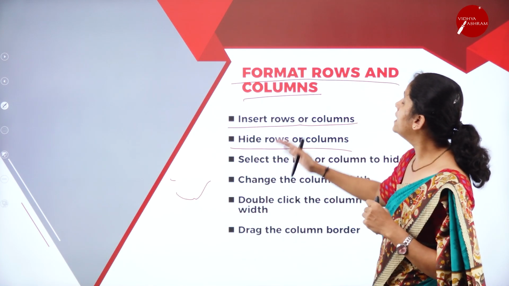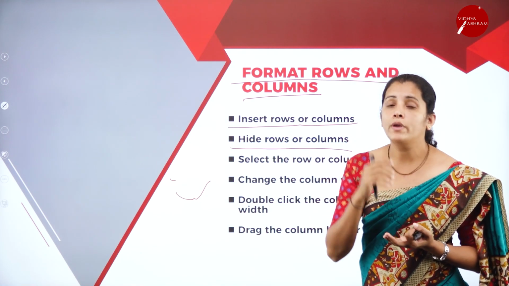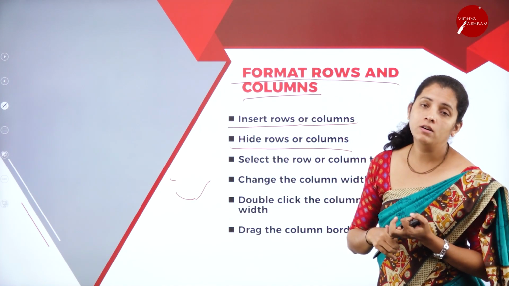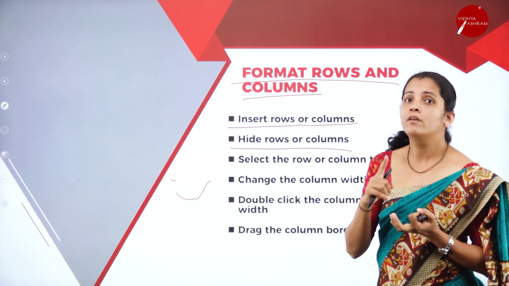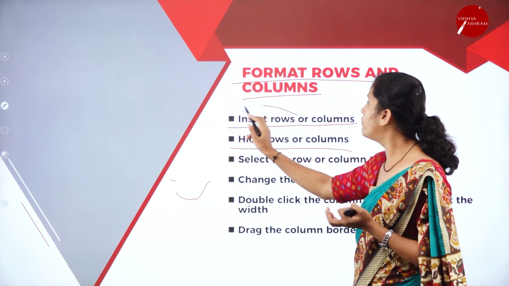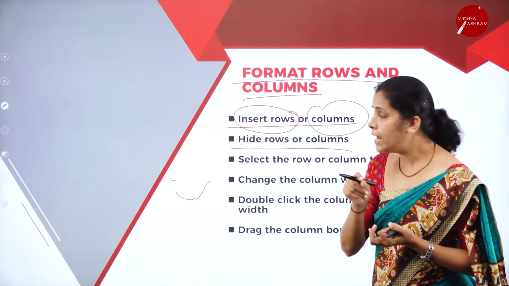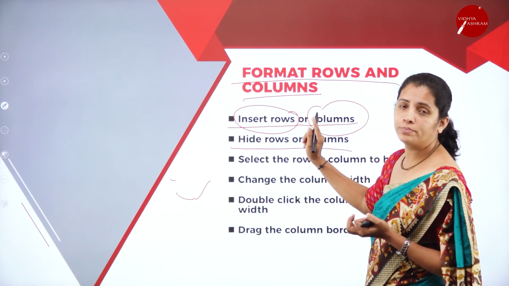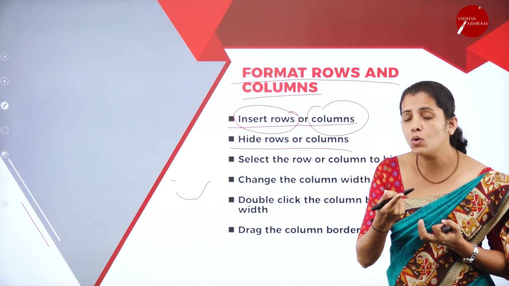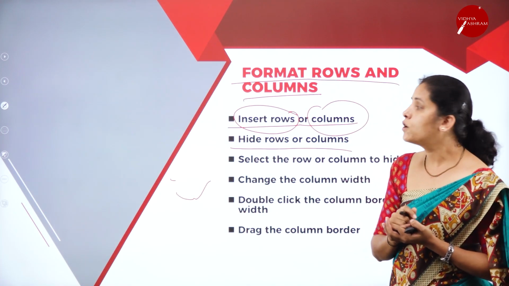That means, think that you have created some worksheet and now you want to add some rows and columns to the existing workbook. What will I do? I'm going to take the help of insert row and insert column. With the help of the insert row option and insert column option, I can insert the rows as well as the columns.